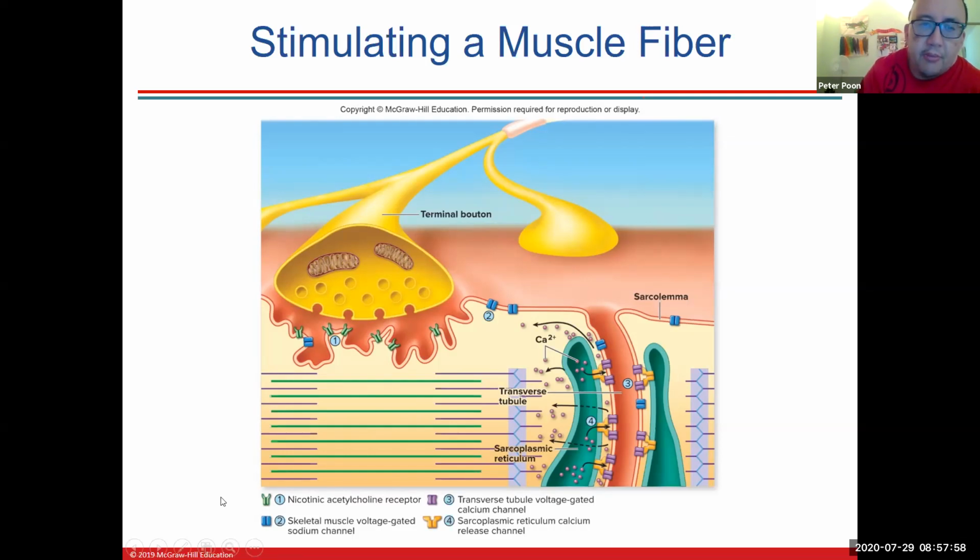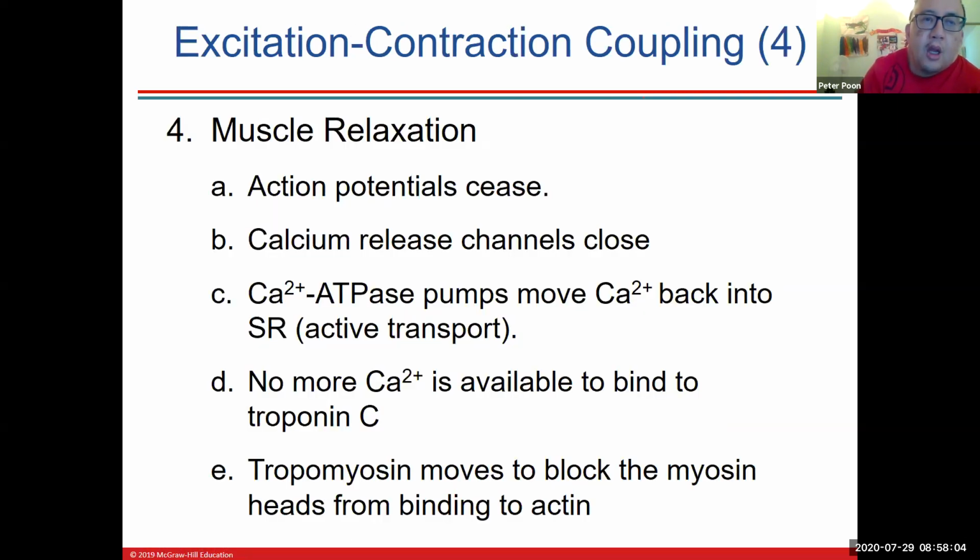Calcium release, muscle contraction. All right. Once the action potentials stop, the calcium release channels close. The calcium gets pumped back inside the sarcoplasmic reticulum, and then the tropomyosin moves back, and all returns to normal.